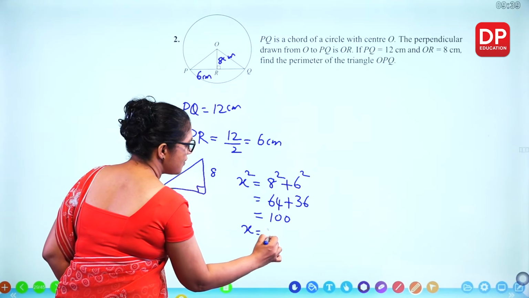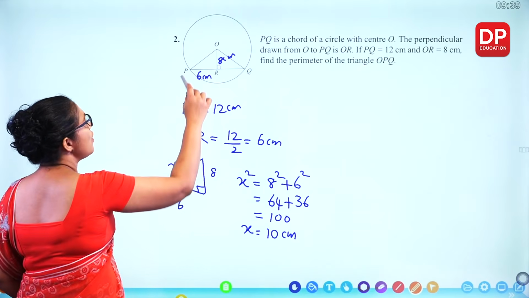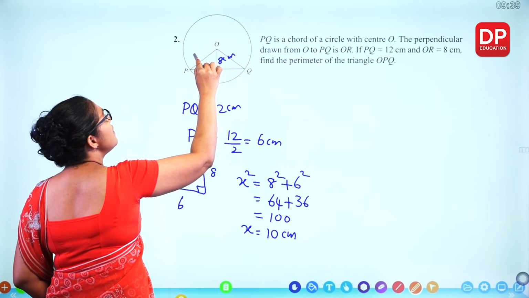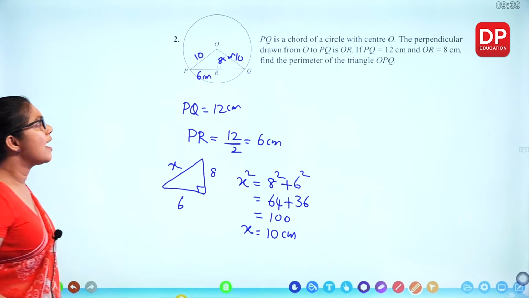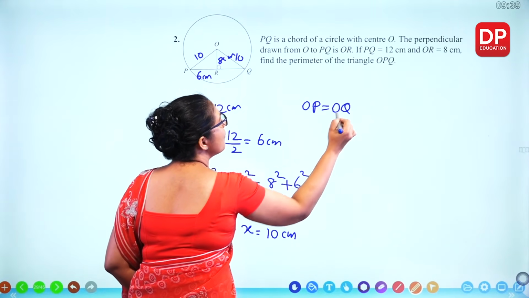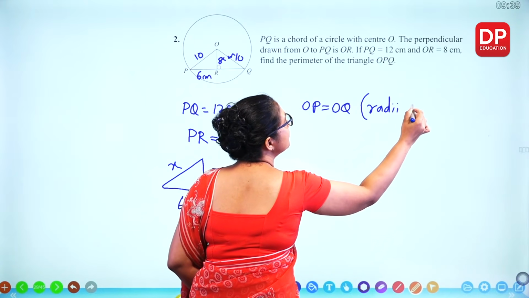Square root of 100 is 10 centimeters. Now we found out this side is 10. So here we know if this is 10, this is also 10 because those are OP and OQ are radii of the same circle.